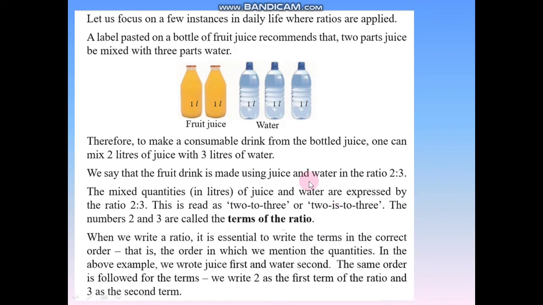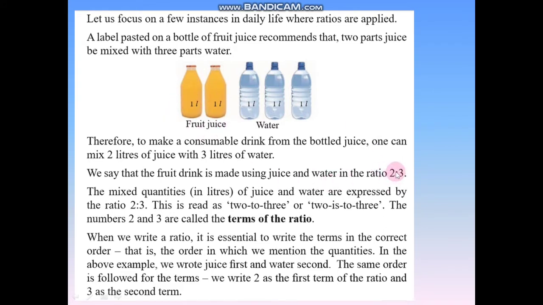Also you must keep in mind that when writing the ratio, we are just explaining how the ratio comes, and between what. Here, of course, the ratio is between fruit juice and water. 2 parts of fruit juice is added to 3 parts of water. So what we read first, that value should come first.